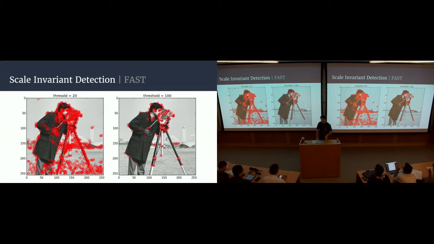Okay. So FAST sort of revolutionized key point detection and a lot of algorithms, because it was actually feasible in real time on mobile phones. Imagine 10 to 15 years ago, mobile phones weren't really as powerful.